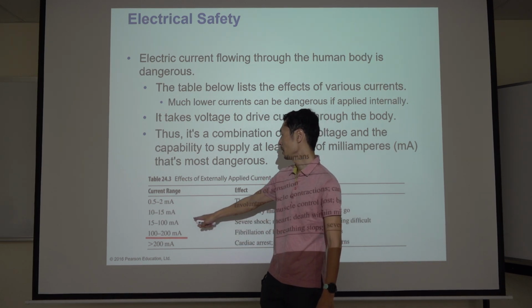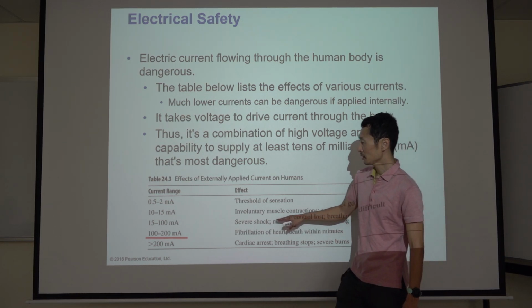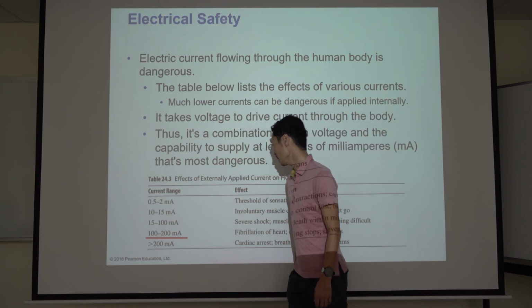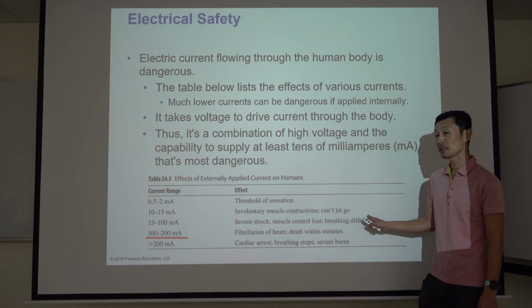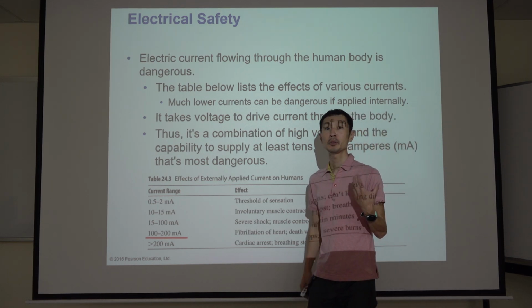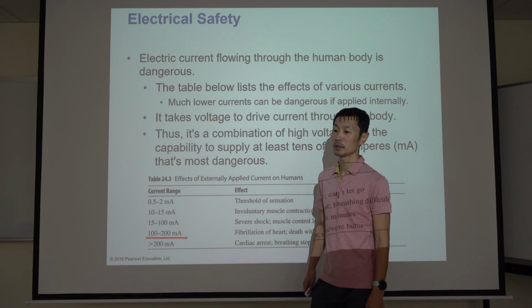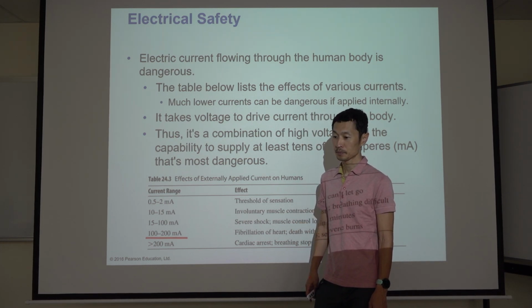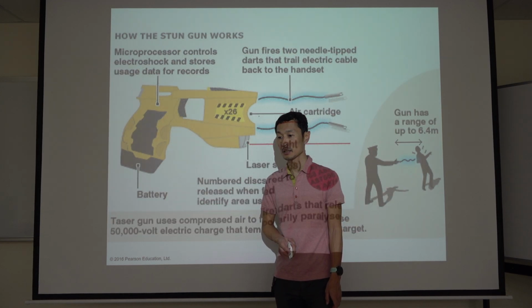So this is already a dangerous level. And 15 to 100 milliamperes is severe shock, muscle control loss. Breathing also becomes difficult because you cannot move your muscles to breathe. So these are the numbers you have to be careful about. And maybe you have heard of a taser.